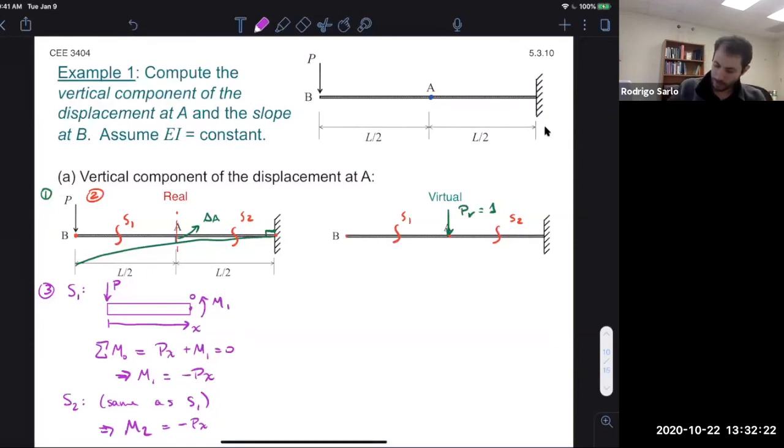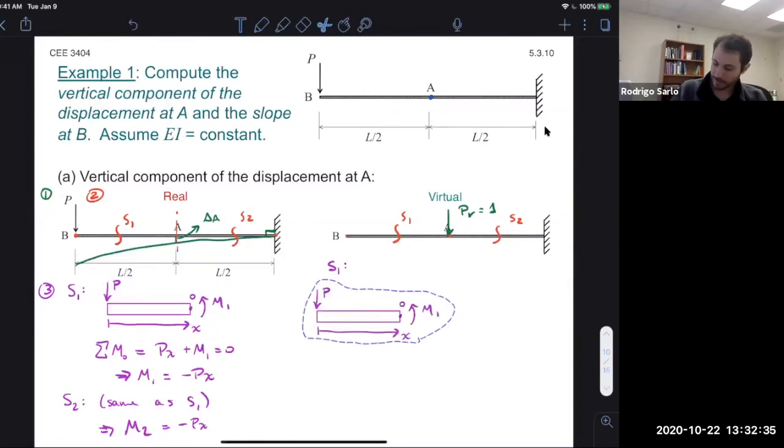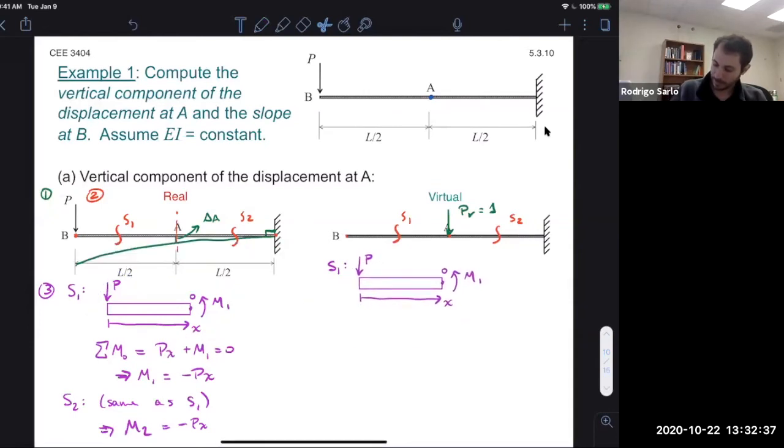So then we go over here to the virtual system. Let's draw our section 1. I'm going to copy this over. I need to make a few changes. So my section 1 actually doesn't have the load there anymore.